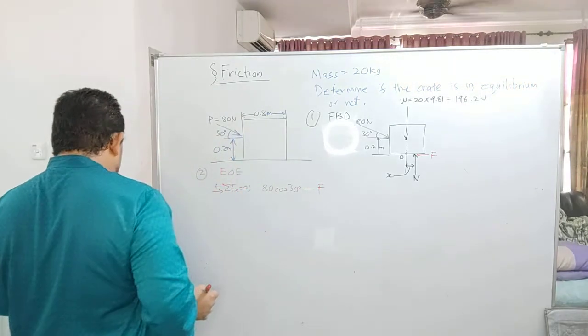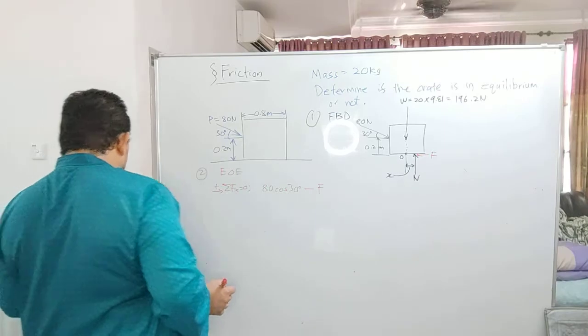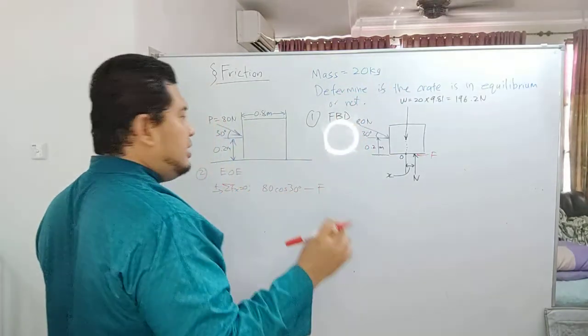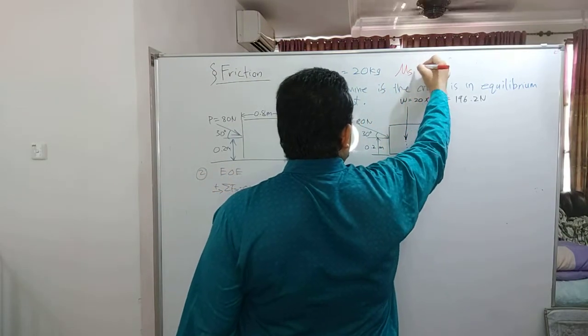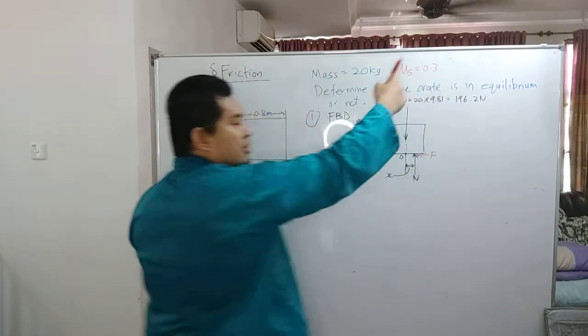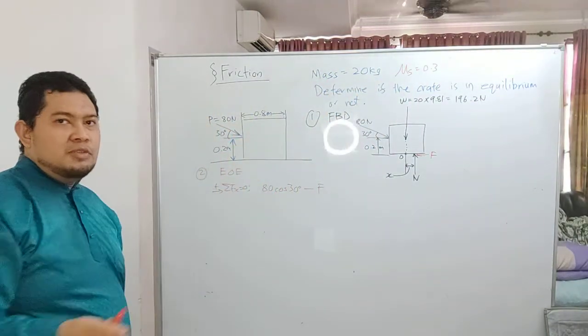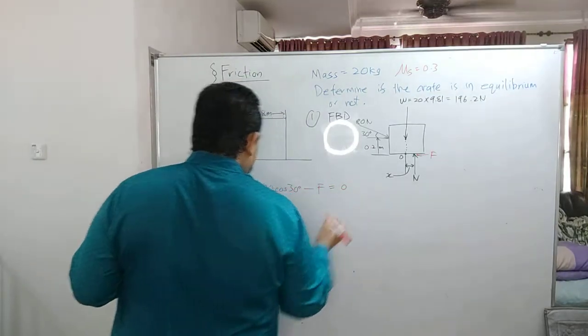Later on F you can replace with mu S. The question will give you sufficient detail, the coefficient of static friction, which is 0.3. You need to have this value, and this whole diagram is important for you to solve it. It should be equivalent to 0.